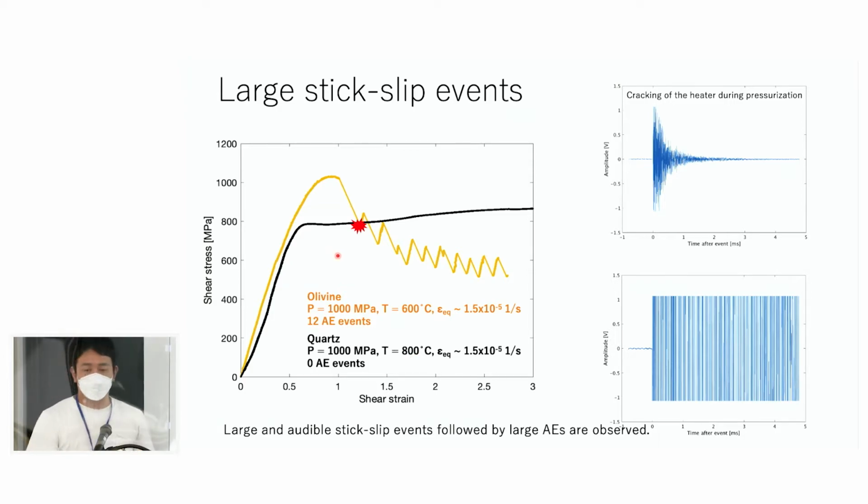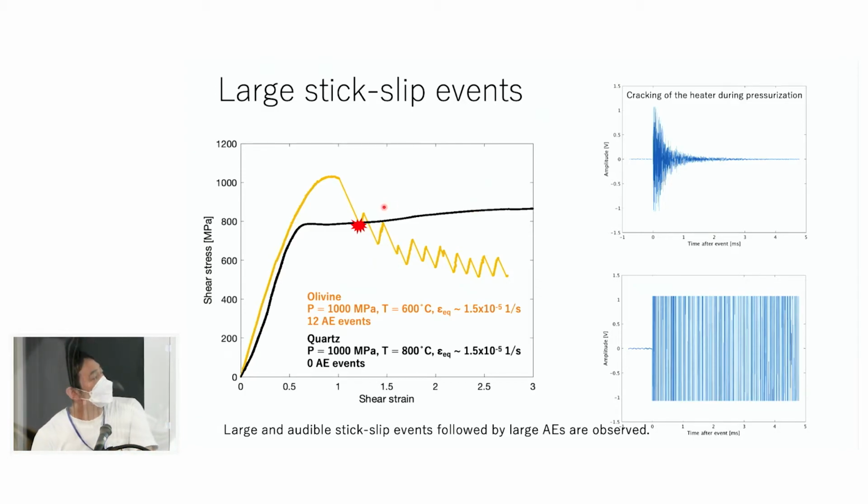We also measure the ultrasonic waves radiated by fracturing, called AE, acoustic emission. For the quartz experiment, the steady state strength is higher than olivine, but there's no AE, so there's no fracture during the experiment, just plastic deformation.